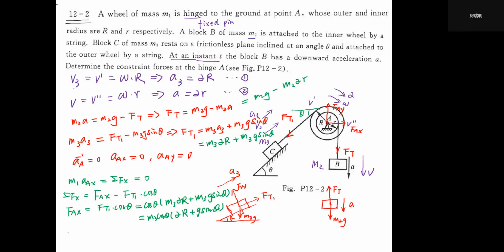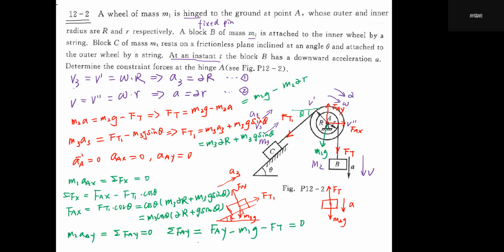Once again, we can use m1 aAy should equal 0, so we analyze sigma Fy, which from the force analysis here will be Fay minus its own weight, m1 g. So Fay minus m1 g, and here you should consider this Ft also, minus Ft equals 0.